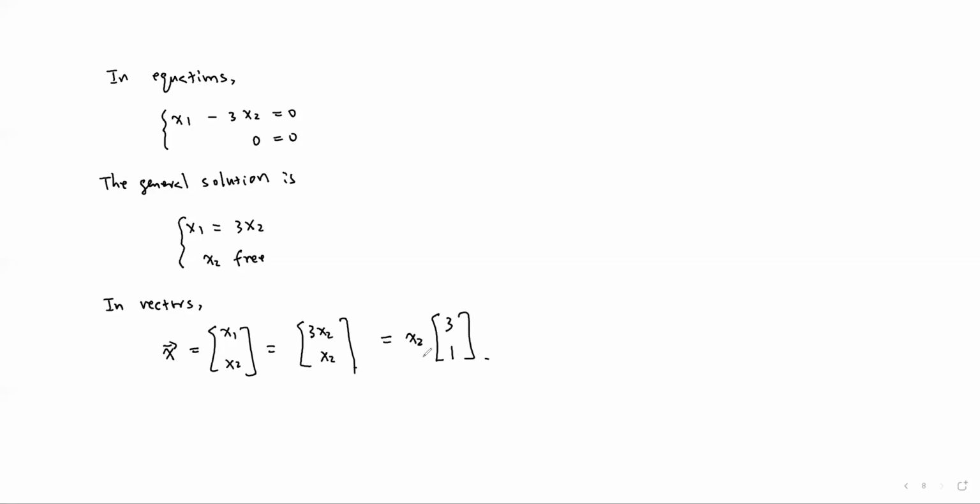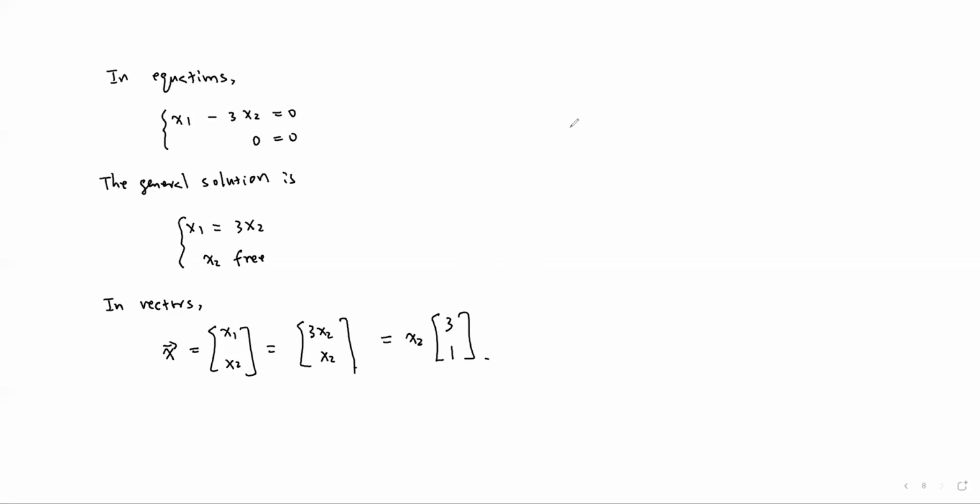Yeah, these are all the eigenvectors associated with the eigenvalue number 3. x2 is arbitrary, so because it is arbitrary, the eigenvalue 3 has infinitely many eigenvectors.